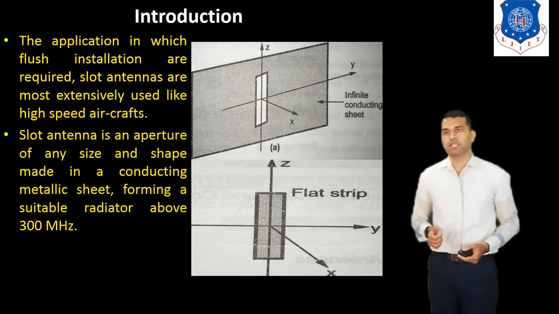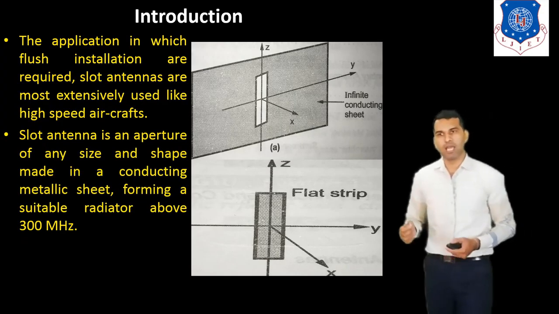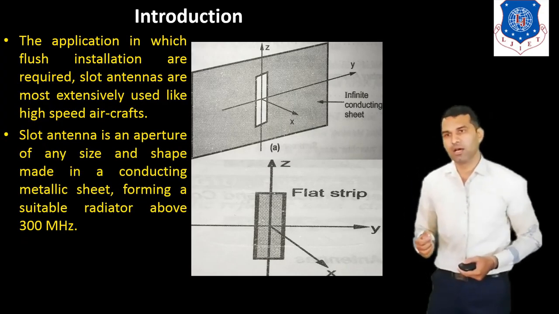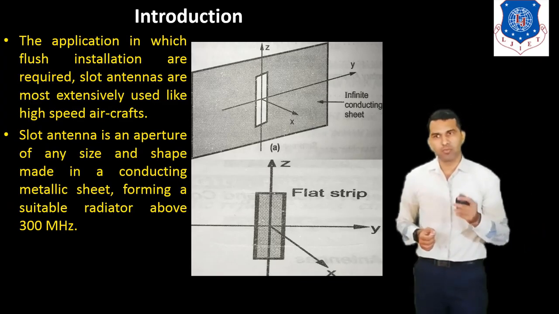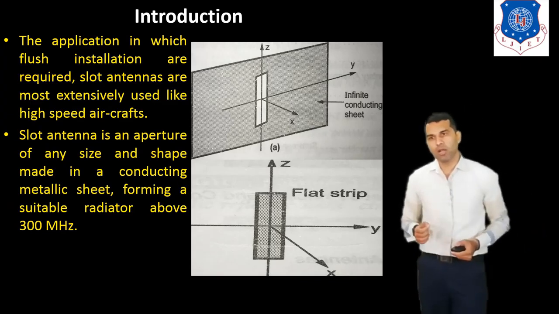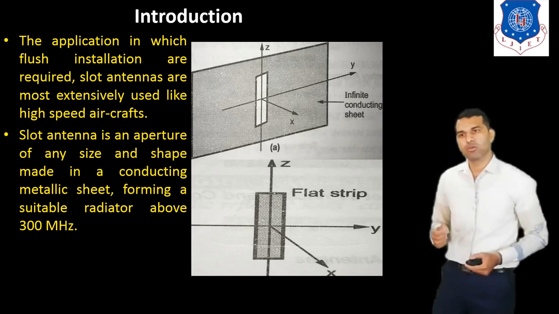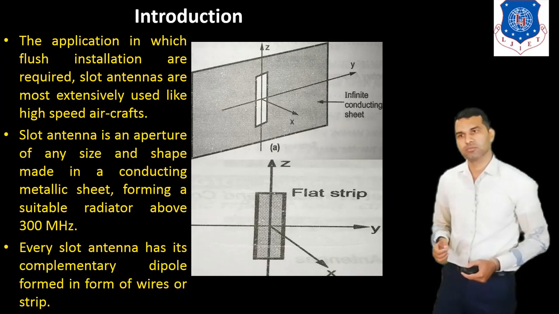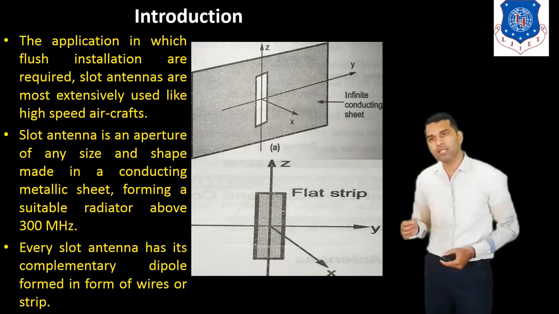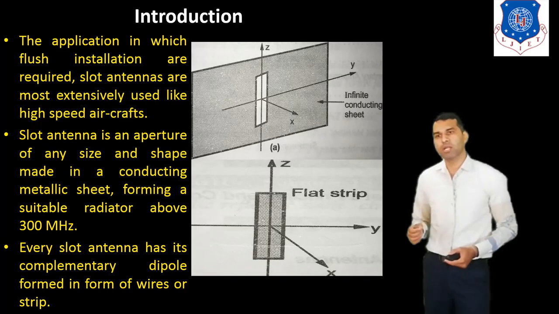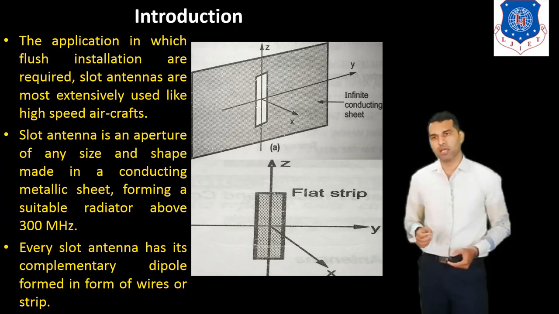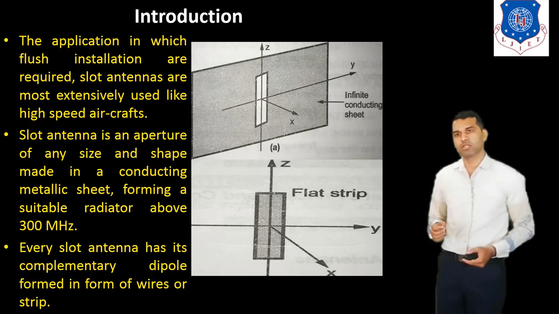A slot antenna is an aperture of any size and shape made in a conducting metallic sheet, forming a suitable radiator above 300 MHz. Every slot antenna has its complementary dipole formed in the form of a wire or strip.